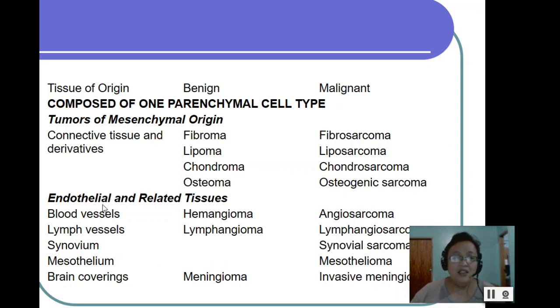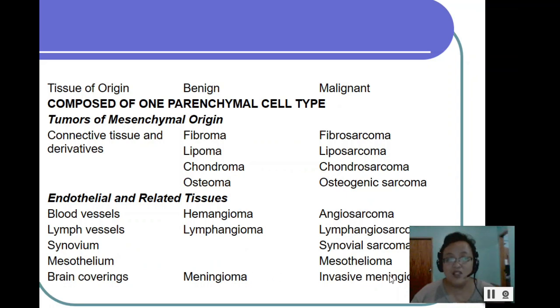If it's naman the blood vessels, endothelial and related tissues, this is also coming from your mesenchyme. Remember, mesoderm ang endothelium and mesothelium. So blood vessels, hemangioma, angiosarcoma. Lymph vessels, lymphangioma, lymphangiosarcoma. Synovium, wala siyang benign, diretso na siyang synovial sarcoma.